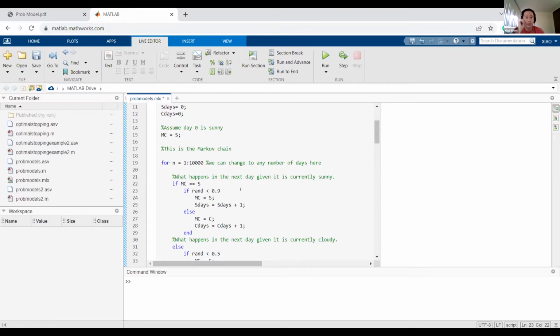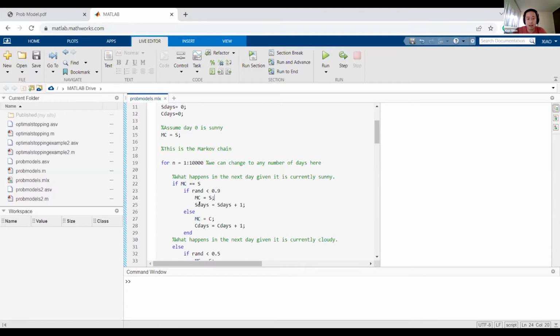What it does is produce a number between 0 and 1 uniformly. If we pick a number uniformly from 0 to 1 and it is less than 0.9, and of course this event happens with probability 0.9, then the Markov chain is going to stay at S.